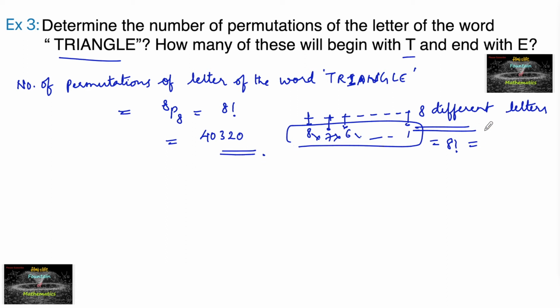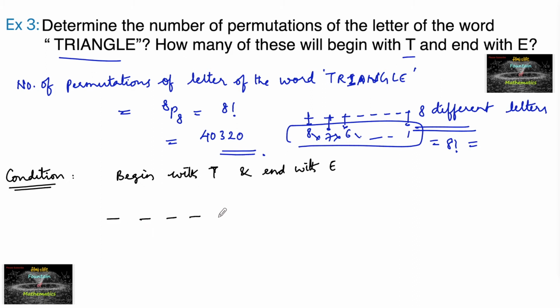And coming to the second one, condition applied. What is the condition here? Begin with T and end with E. So out of 8 letters, 2 letters are fixed here.